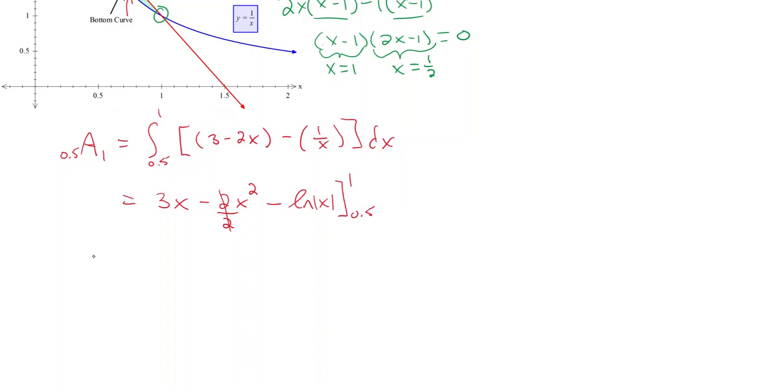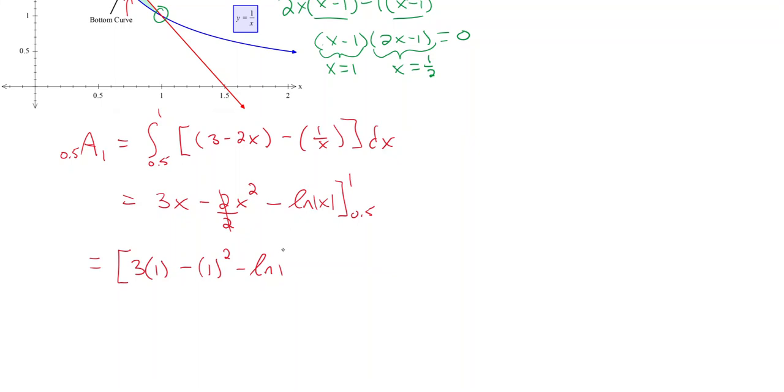So our first one would be 3, and then I'm going to put a 1 in for x, minus 1 squared, minus the natural log of 1.